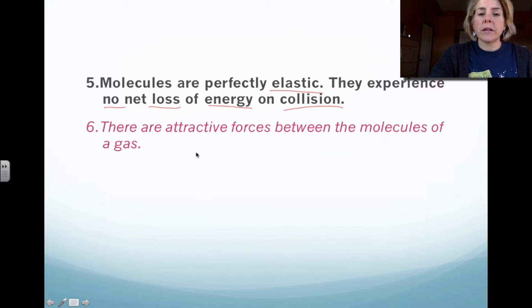Now, this last statement is because we tend to ignore the fact that there are attractive forces, and we'll talk more specifically about those forces. We're assuming that these molecules don't stick to each other based on their attractive forces, and we'll talk more about that later.